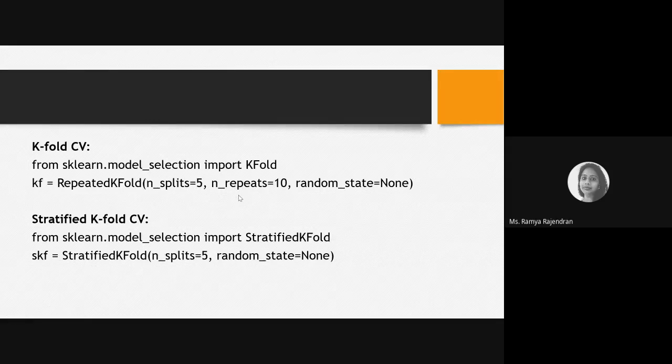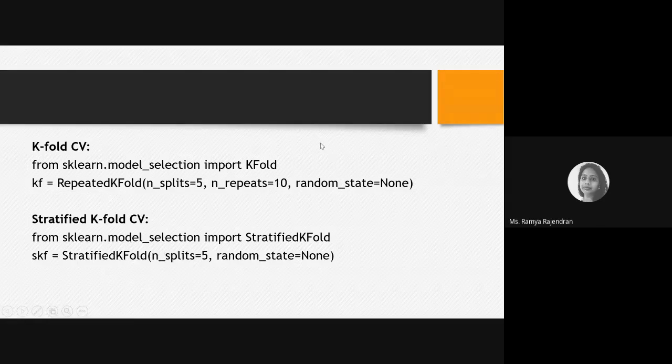So I want to split this data into 5 splits, but I want an iteration of 10 times of the same thing. If you don't want repeats, that's fine. If you want to decrease your training error, you can do that. Okay, so for stratified k-fold, you can use StratifiedKFold. This is your syntax.